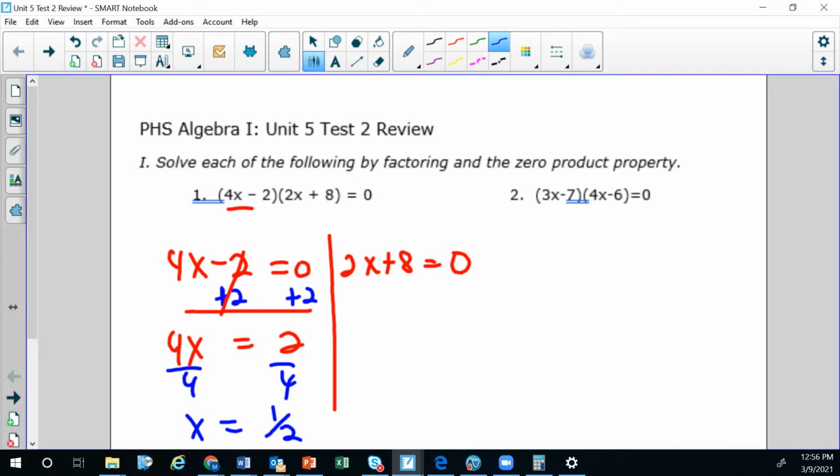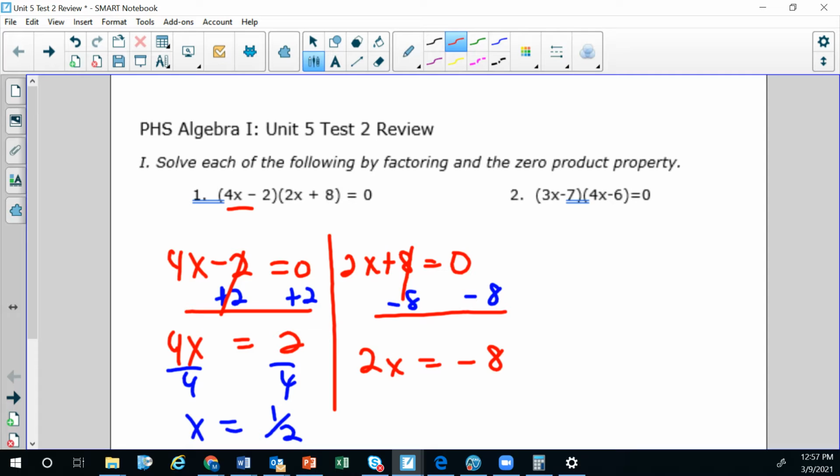Okay, so that's one solution. And on the other equation, I have 2x plus 8 equals 0. To get the 8 to the other side of the equation, I'm going to add a negative 8 to both sides. And when I add, that's going to give me 2x is equal to negative 8, because when I add, that goes away, and I'm left with negative 8 on the right side.